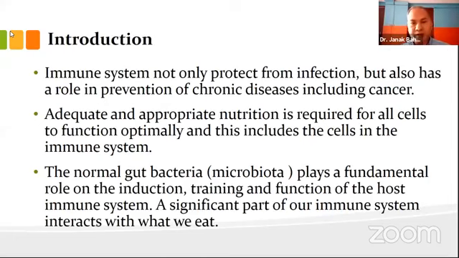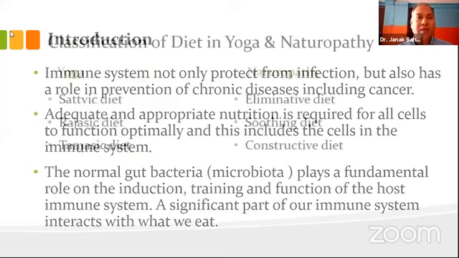So our gut microbiota, or normal bacterial flora, plays a very important role in the immune system. When we eat any food, it directly interacts with the immune system of the gut microbiome flora.